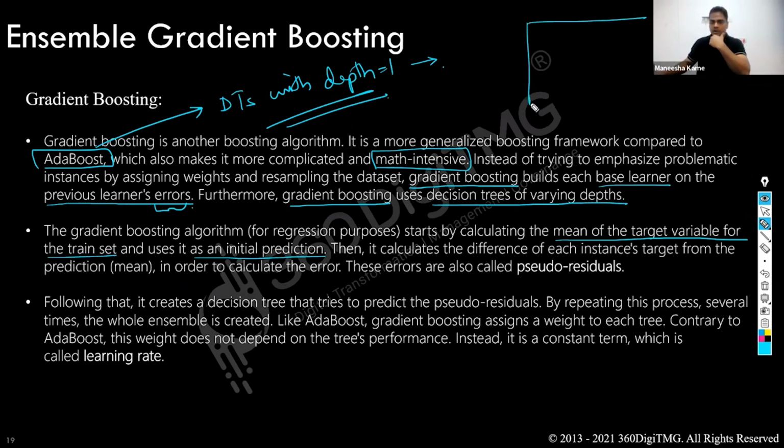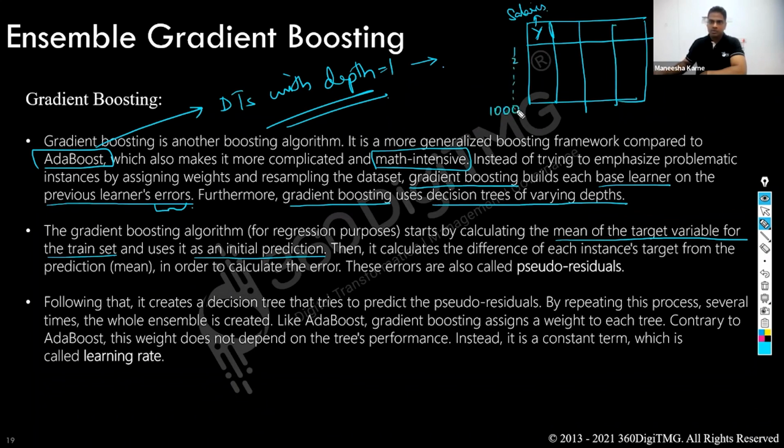Say you have a data set wherein you have an output variable, which is to predict salaries of data scientists, and you have various inputs. Say you have 1,000 observations.